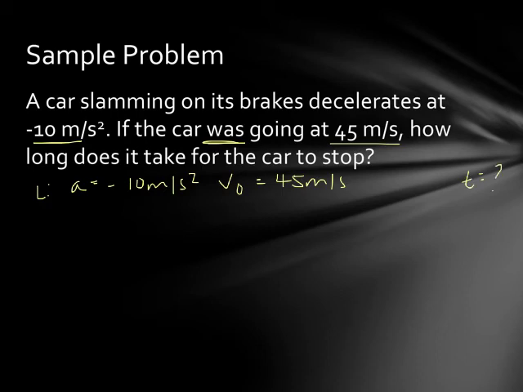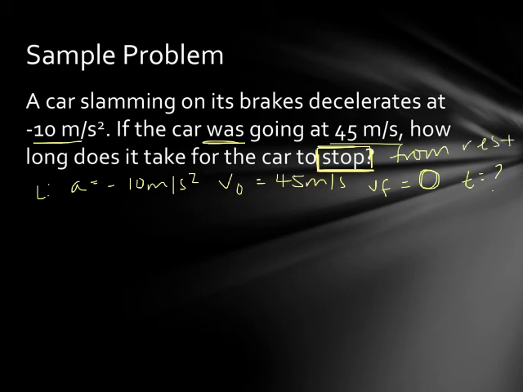And initially, it seems like you don't have enough information, but keep an eye out for the word stop. What does that tell you that your final velocity is going to be? At stopped, you're not moving, so your velocity is 0. All right, so keep an eye out for that word stopped, or possibly from rest.